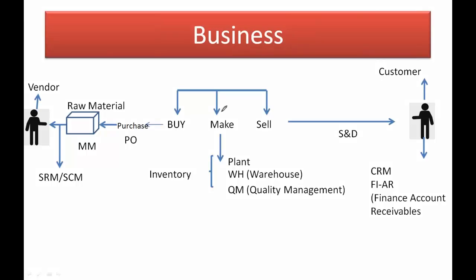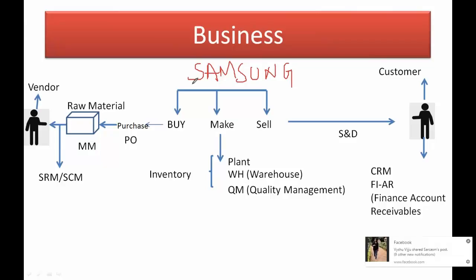Now I'm going to explain how your SAP modules are really going to help any business. Okay. Let's take any business. For example, let's take Samsung. Samsung has mobile phones. They decided to start manufacturing mobile phones. If you want to do any business worldwide, there will be majorly three types of functionality for any business.